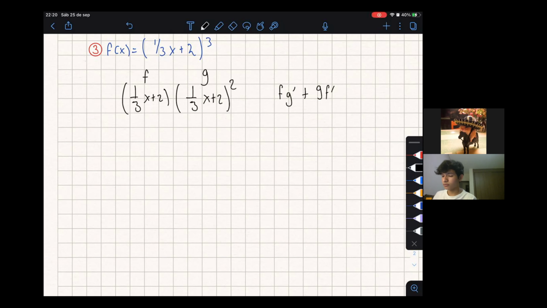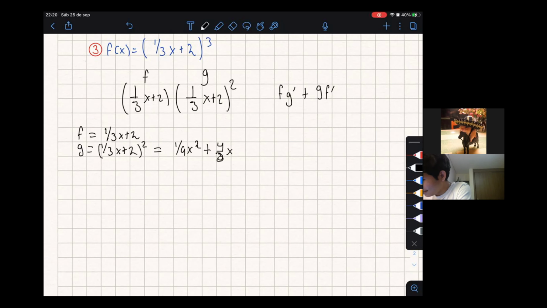So for this, we need to see what is what. f is equal to 1 over 3x plus 2, and g is equal to 1 over 3x plus 2 raised to the 2, that is equal to 1 over 9x squared plus 4 over 3x plus 4.